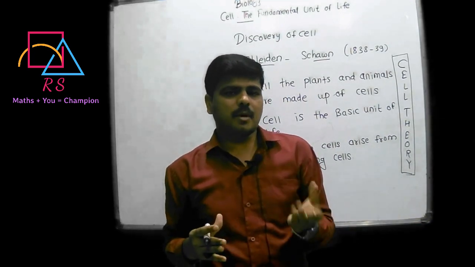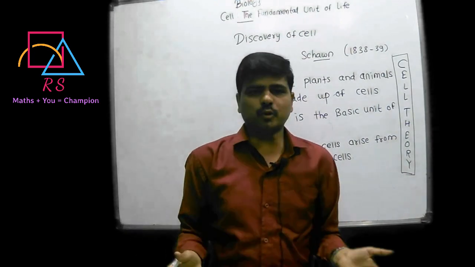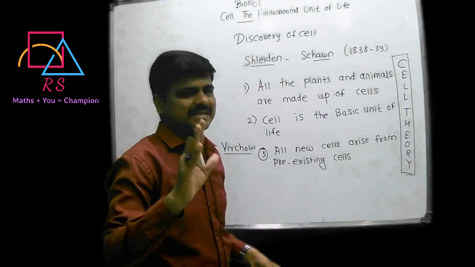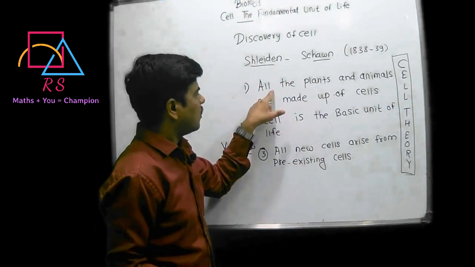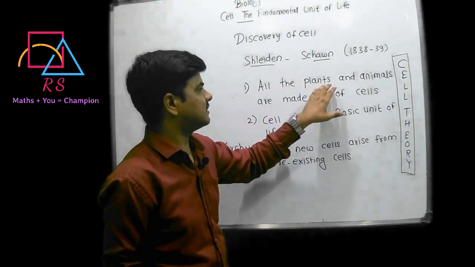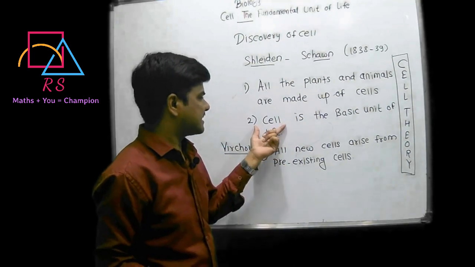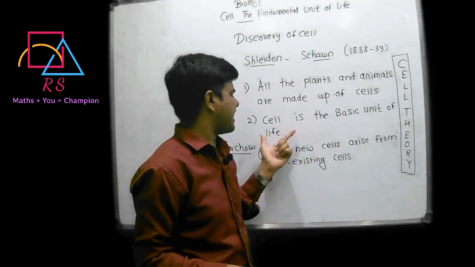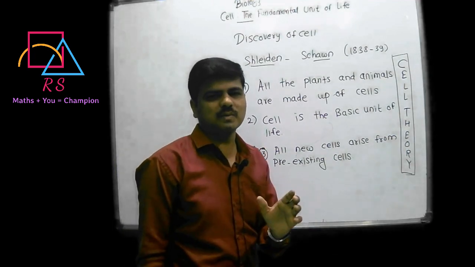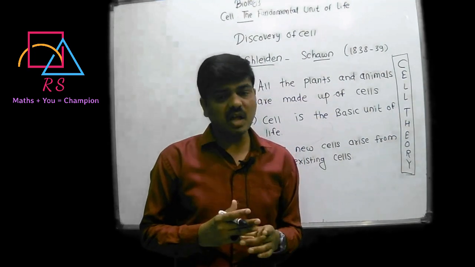Then Robert Brown discovered the nucleus, Purkinje gave the term protoplasm, and then we got to know about the cell theory, which states, I repeat, all the plants and animals are made up of cells only. The cell is the basic unit of life, and last but not the least, all new cells arise from pre-existing cells. I hope it is clear to you.